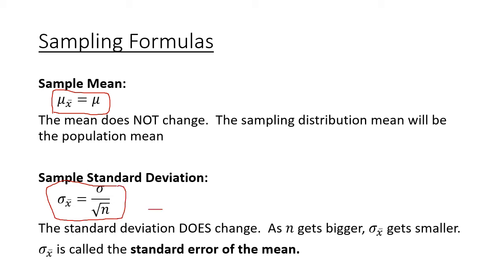Essentially, all we're doing is dividing by the square root of n. So the size of our sample affects our standard deviation. As n gets bigger, our sample standard deviation is going to get smaller. We also commonly refer to the sample standard deviation as the standard error of the mean.